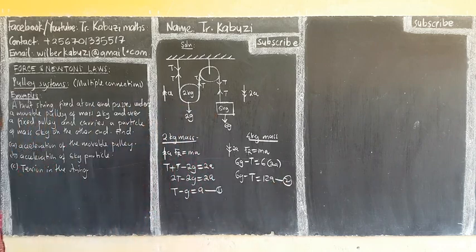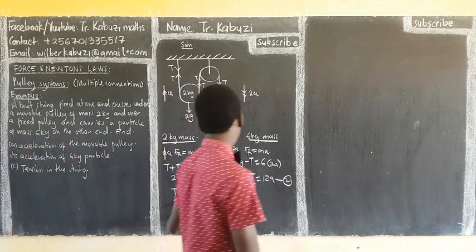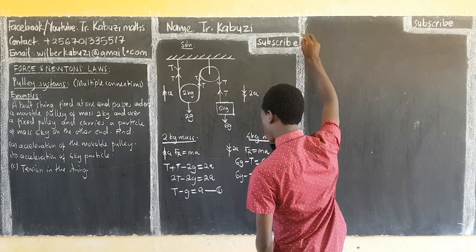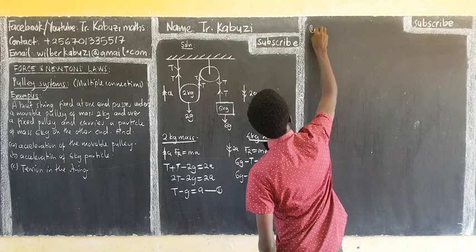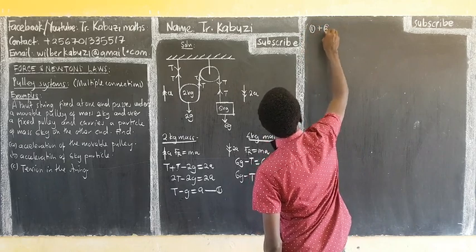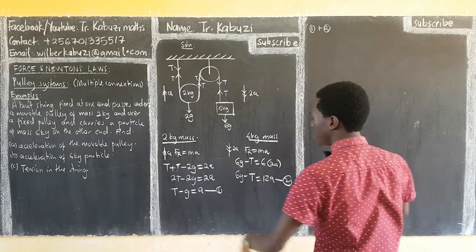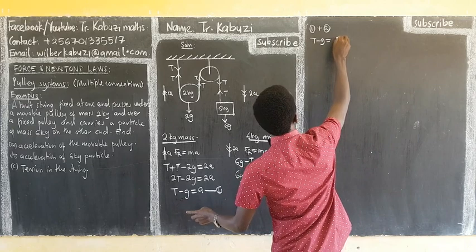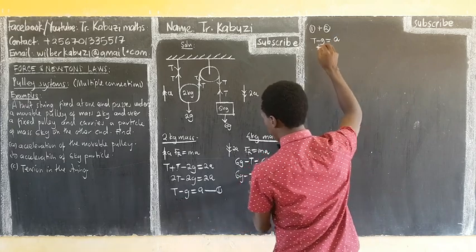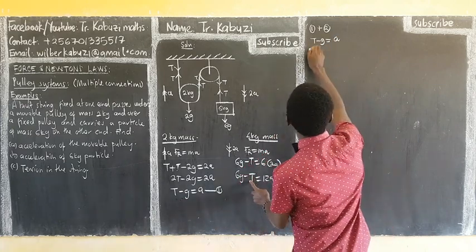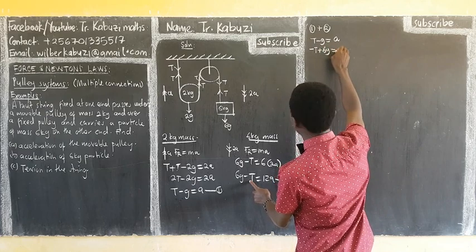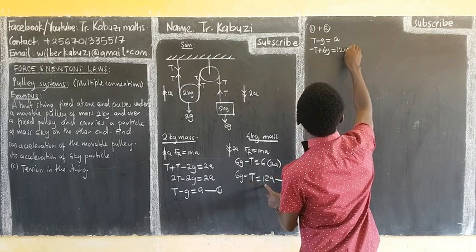They want us to get the acceleration of the moving pulley. So what are we going to do so that we can easily add these? 1 plus 2. What do we have if we add them? Here I have T minus g equals a, then here I have minus T plus 6g equals 12a.